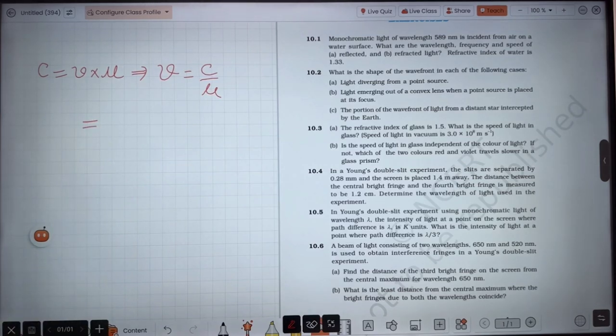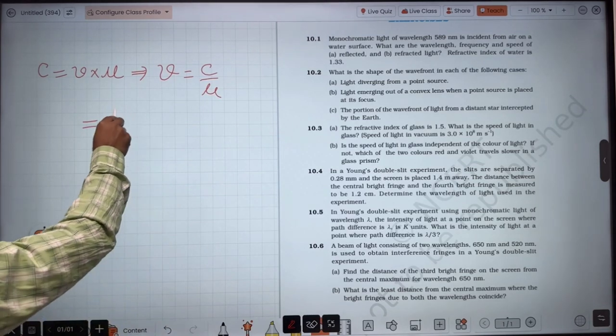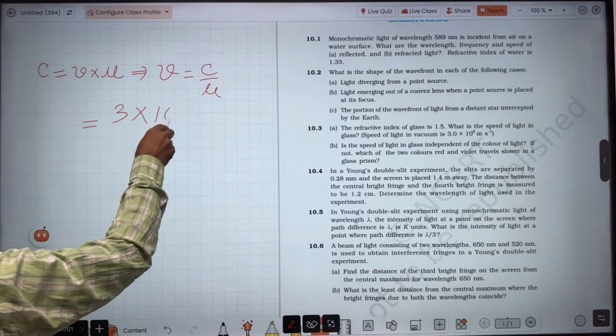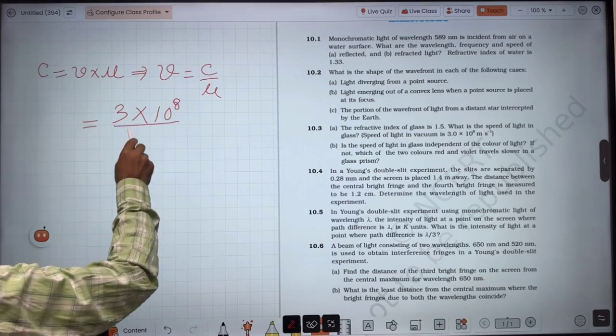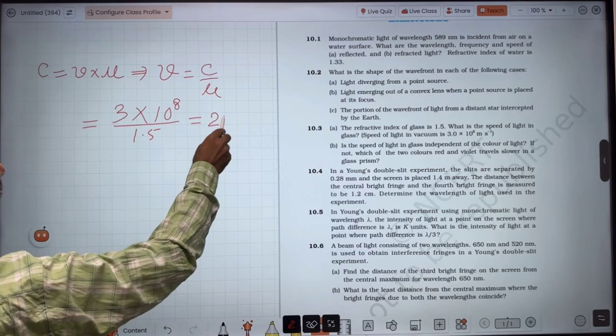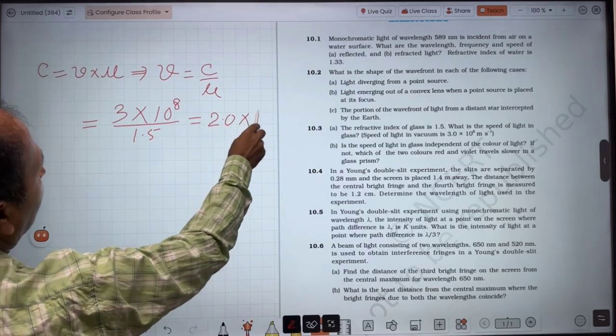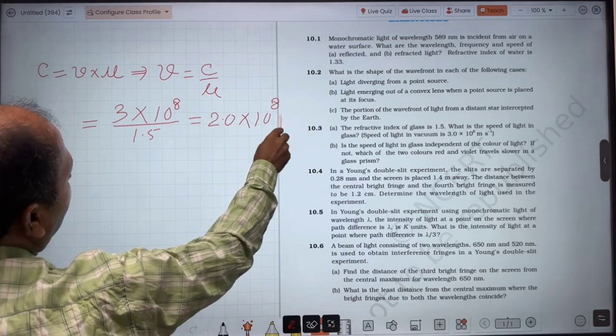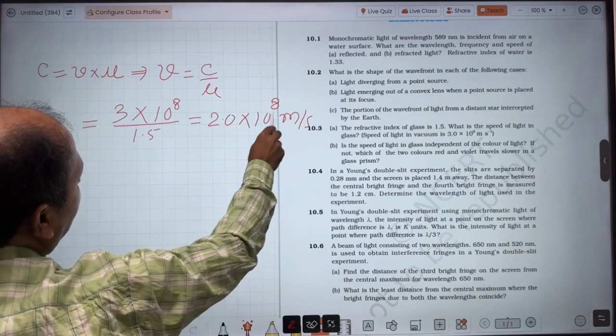Here in our question, c is given as 3 into 10 to the power 8, and the value of mu is given as 1.5. So this will come out to be 2.0 into 10 to the power 8 meter per second. Correct?